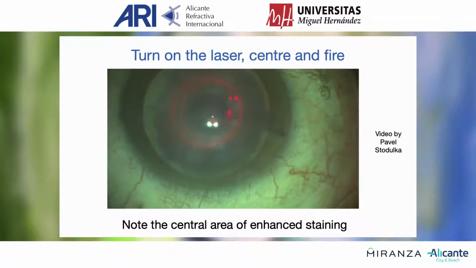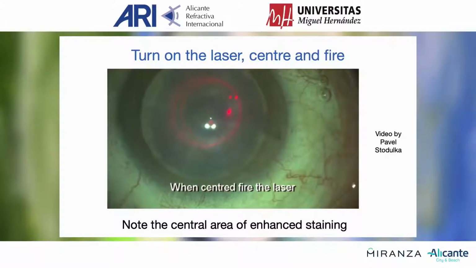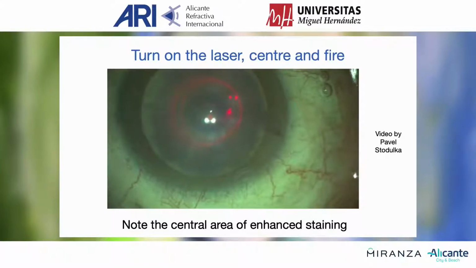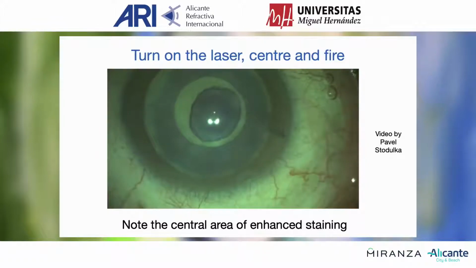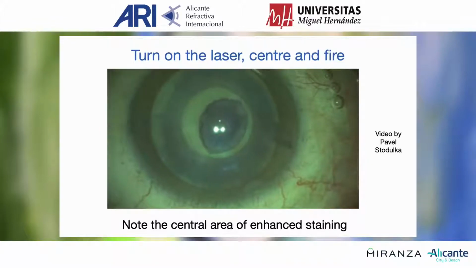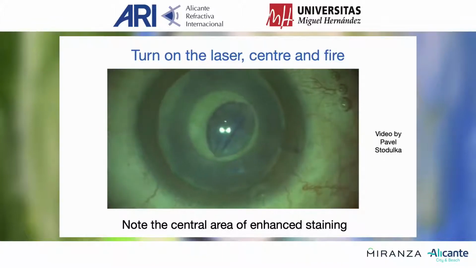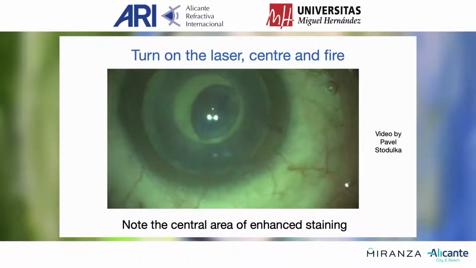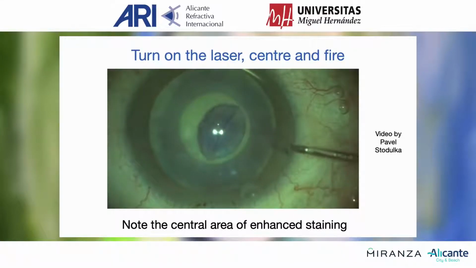That's what's used for focusing. Then the circular beam is going to be centered on the area of enhanced staining. And once that's in position, you can see the capsulotomy is created in less than 0.3 of a second, with no effect on this intumescent cataract whatsoever.